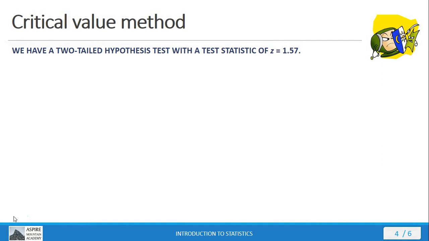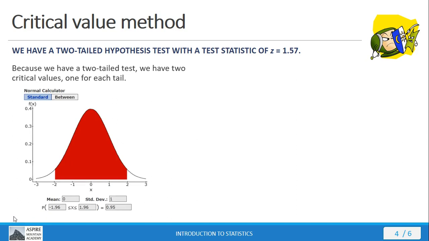We can reach the same conclusion with the critical value method. So again, in the normal calculator in StatCrunch, if I'm selecting the between option up at top, I can find the critical value, the 1.96, by putting in the confidence level here into my area. So I know if alpha is 5%, that means 5% is in the tails of my distribution.